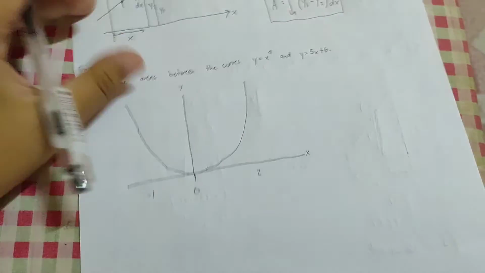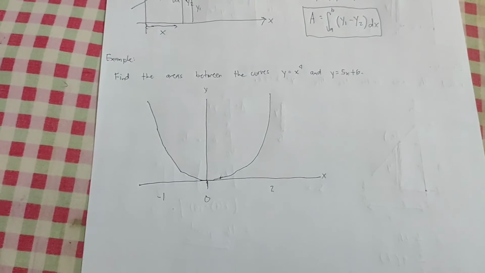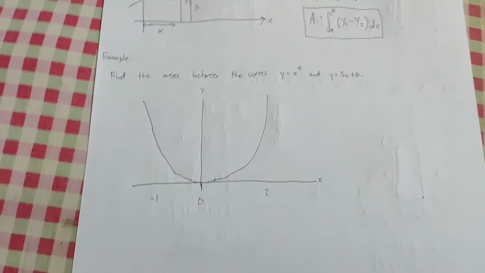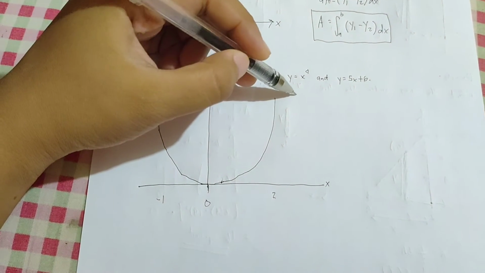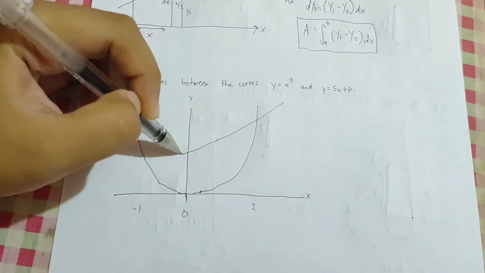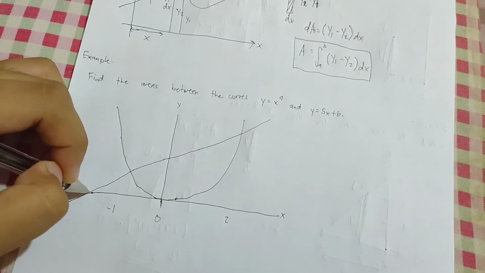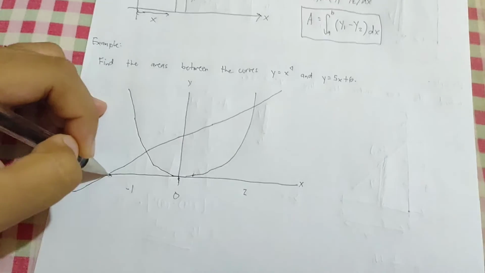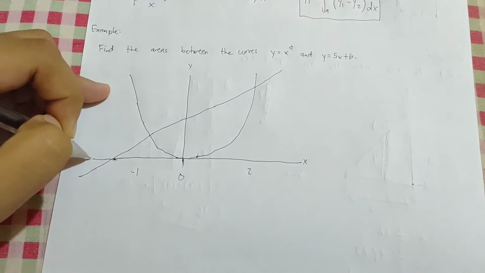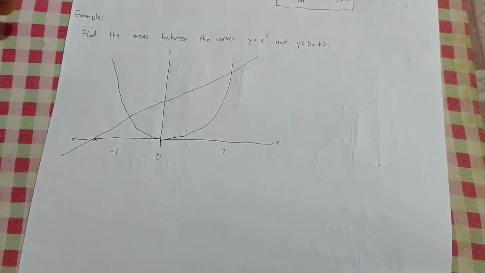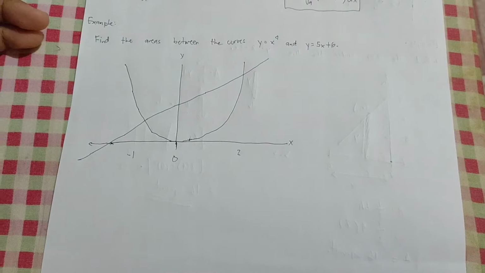And then y equals 5x plus 6 will be our line, like this. Let us extend this line and we will label it.